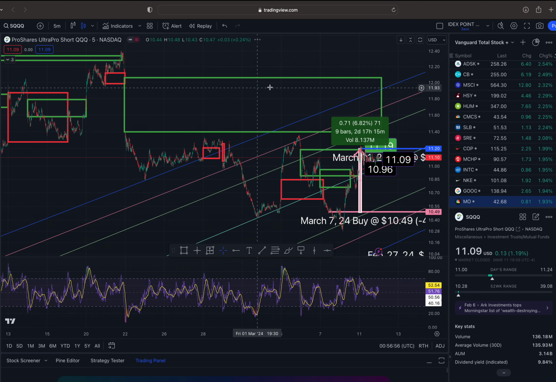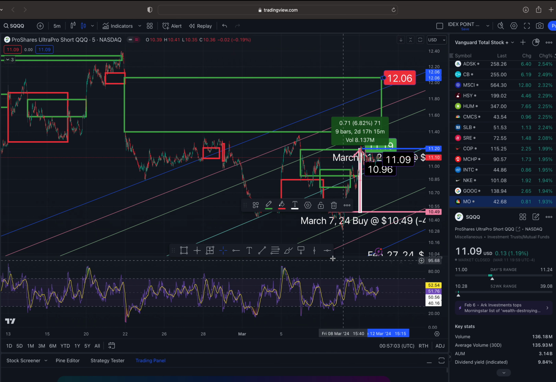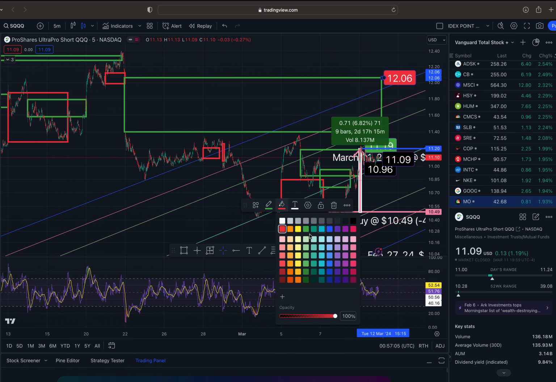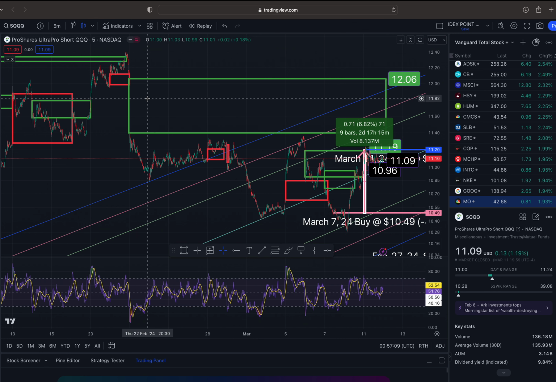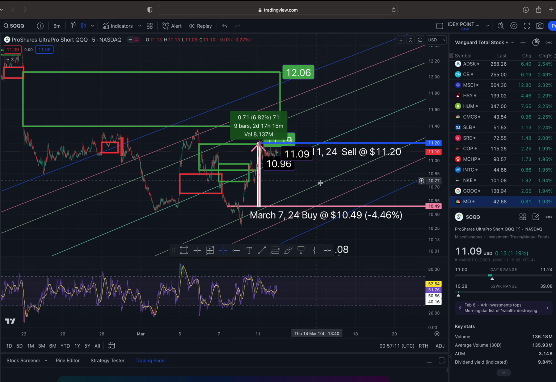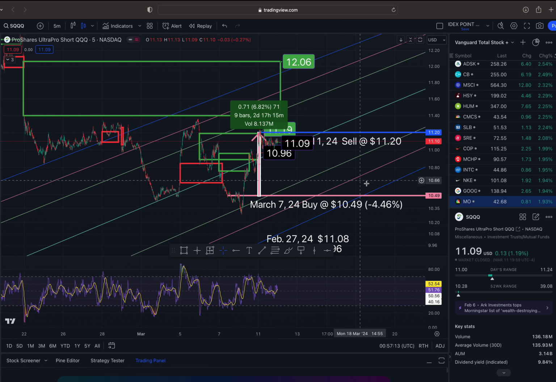There's another gap to the north side that will take us to roughly 12.06 if we are so lucky as to get there. All right, that's a look at SQQQ.